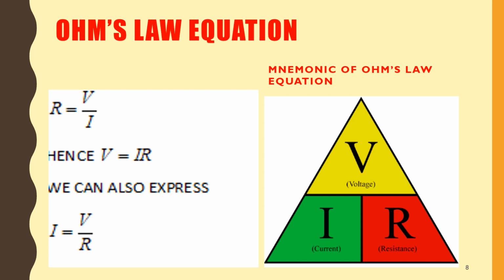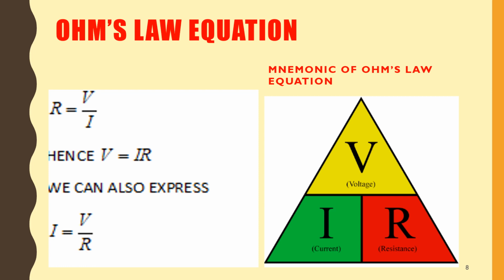Hence we can write V is equal to IR. We can also express I in terms of V and R. So I is equal to V divided by R. So all three equations actually represent Ohm's law. So if you want R, you make it the subject. If it is V, you make V the subject. If it is I, make I the subject.